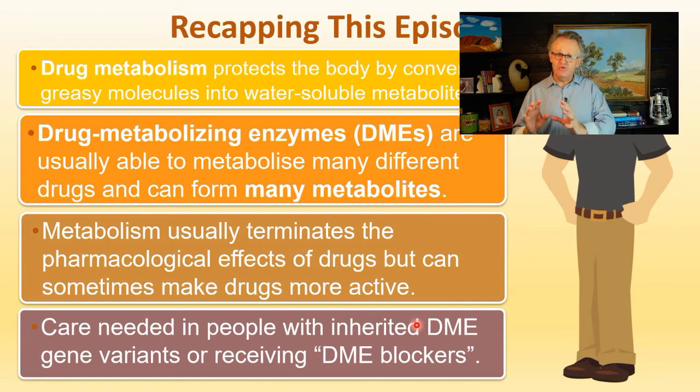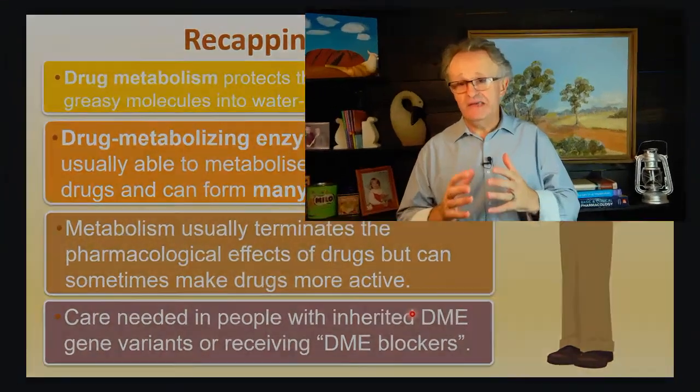We need to be careful that we don't give excessive doses of drugs to people who can't metabolise those drugs via a particular DME because they've got an inherited deficiency in that pathway. But also, more commonly perhaps, there's a problem raised when we give drugs that block certain drug metabolizing enzymes along with other drugs that depend on those enzymes for being removed from the body. We have to be very attentive whenever we prescribe multiple medications to the same patient.